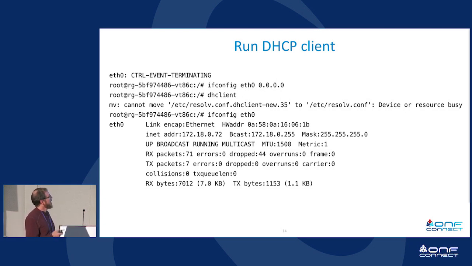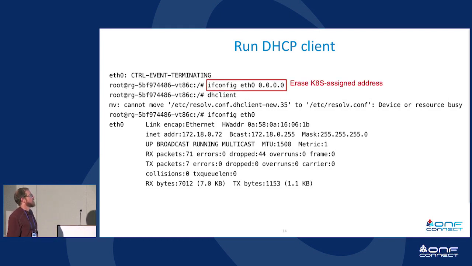Now back in the RG container, we can run the DHCP client. This won't work until authentication has already happened. In order to run it, first we need to wipe out the IP address that Kubernetes has already assigned to the interface in this container.